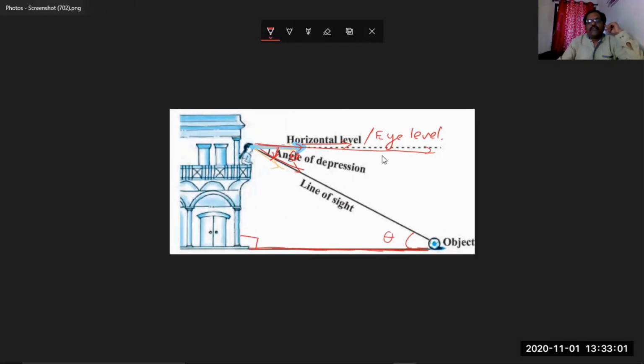So with the help of the angle of elevation and angle of depression, we are able to find the height of the building, the height of the tower, the height of the tree, or the distance of the object from the ground or the bottom of the tower, right?